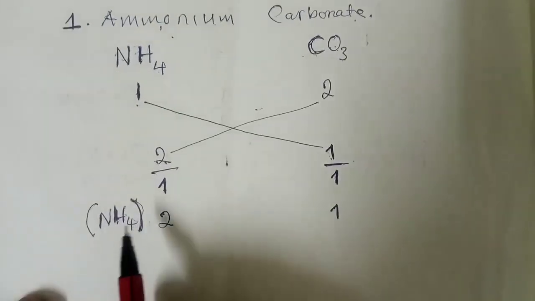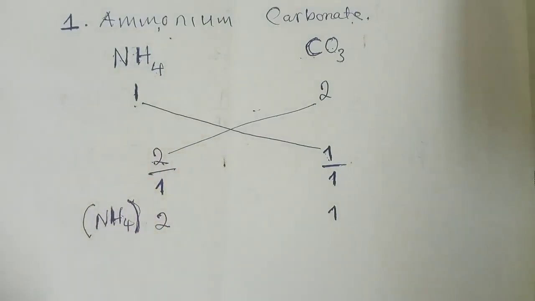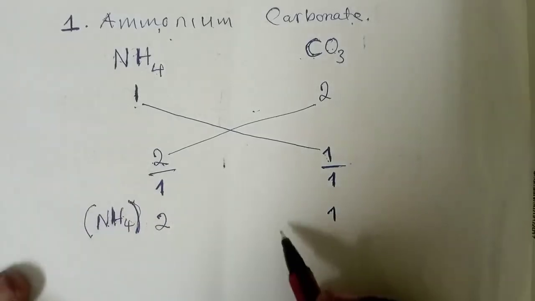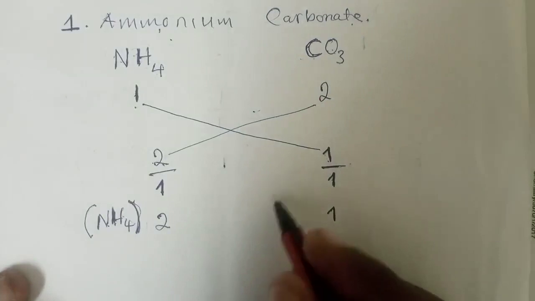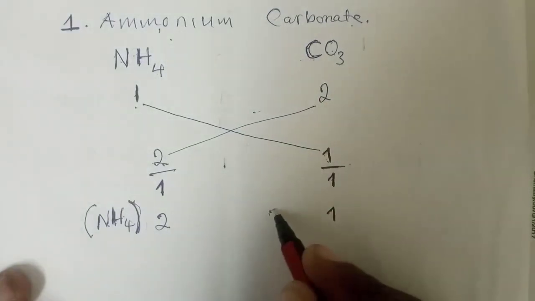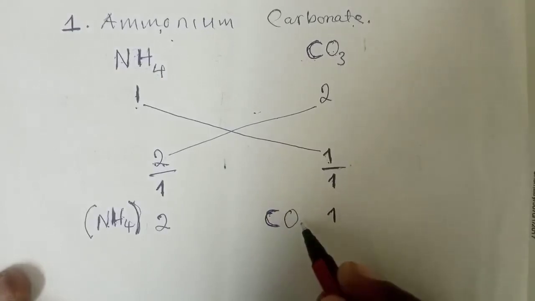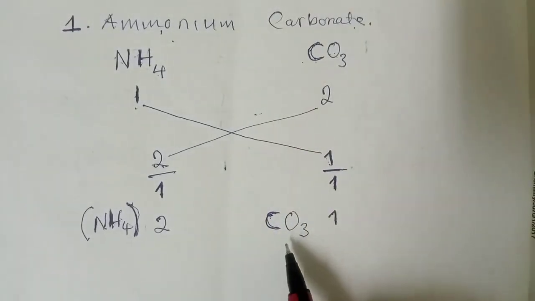If only it is a radical, it will give you a compound or a combination of 2 or more atoms like this. So even this one, you bring it like this. So this one is carbonate. Okay, so this is how you write it. You write carbonate.